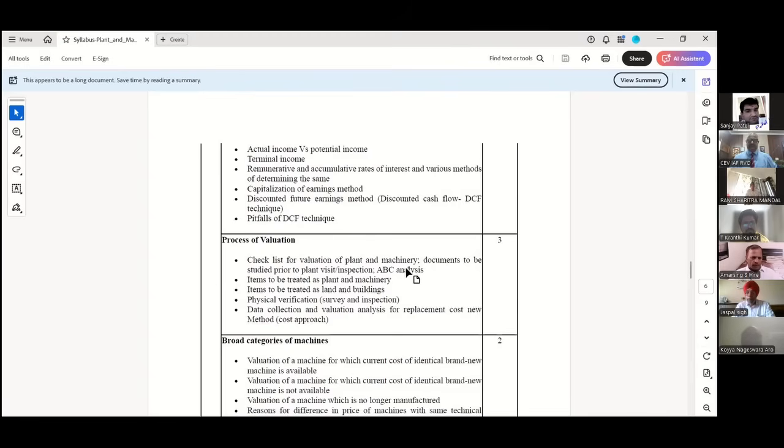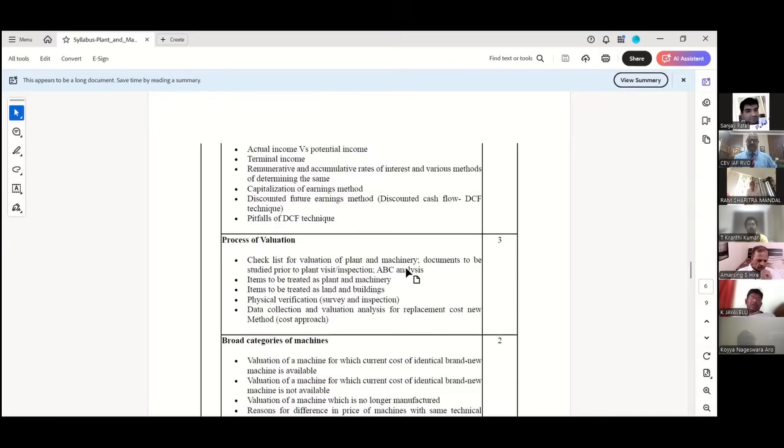Machine register. FAR, fixed asset register. Then plant layout. Copies of statutory and regulatory compliance, statutory permissions, regulatory compliances. Manuals also.